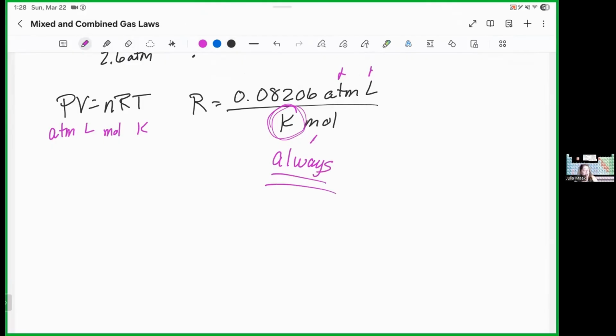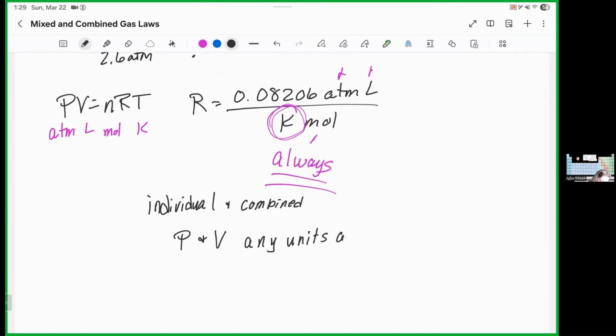Because remember, if we have a negative Celsius, we would wind up with a negative volume, and that is not possible. So we always turn our temperature into K. But for these individual gas laws and the combined gas law, pressure and volume can be in any units as long as they are the same, same pressures or volumes, same units in order to cancel.